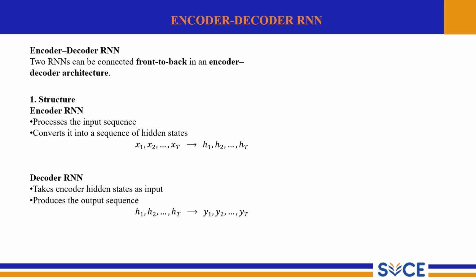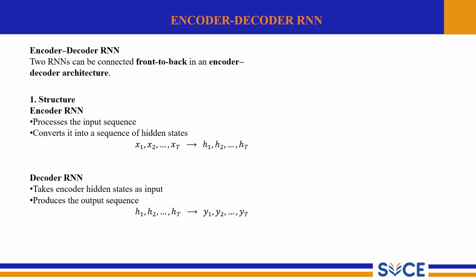The encoder decoder model consists of two main parts, the encoder RNN and the decoder RNN. These two networks are connected in a front to back structure, meaning the output of the encoder is used as the input for the decoder.